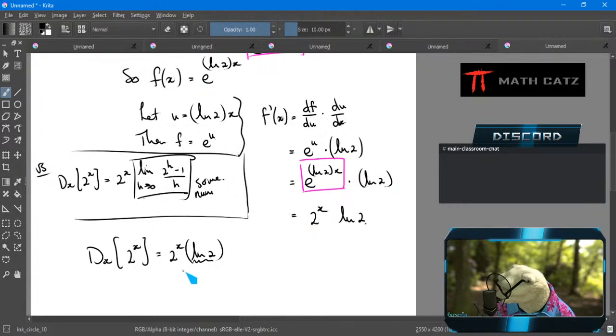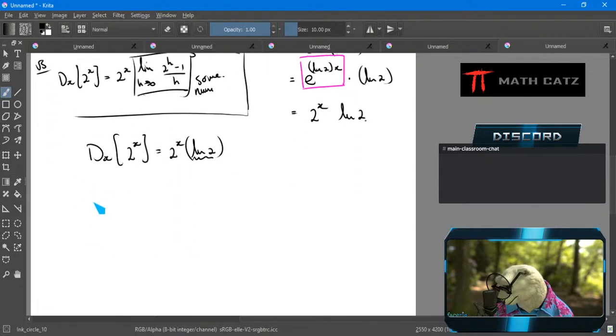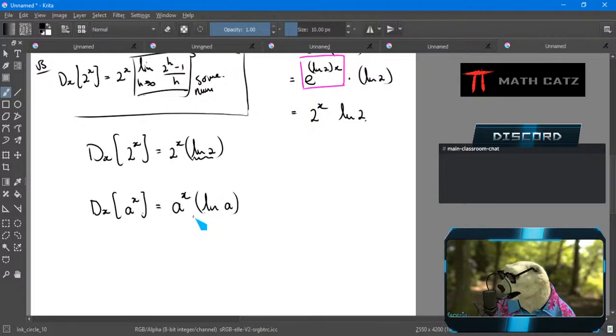So it is quite simple in its final form that if I have any base, then it is the same exponential function times the natural log of that base. So the rate of change of these exponential functions are scaled in a way that's linked to the natural log function. It's weird, but it's cool.